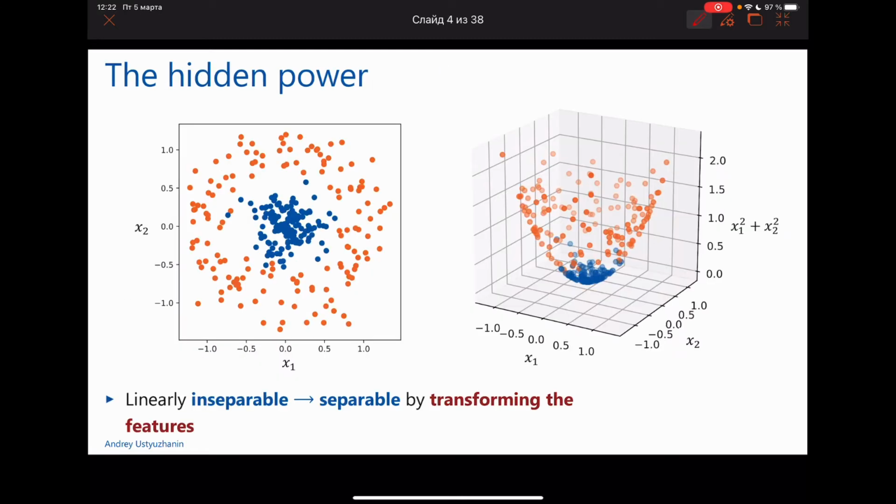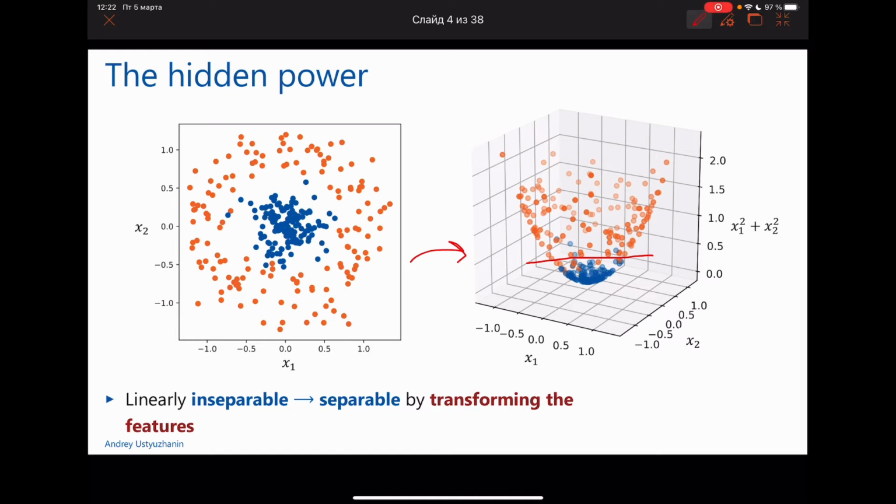Although it sounds a little bit naive, and it might be difficult to separate the problem depicted on the left with a linear combination of features, if we find a way to transform the features, we can go from 2 dimensions to a third dimension, or look a little bit differently at what we have, and then we can still draw the separation boundary here that would almost ideally classify orange and blue dots.